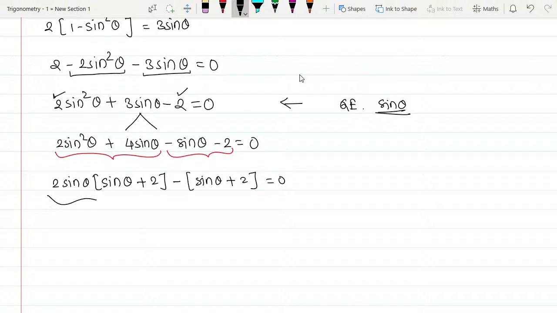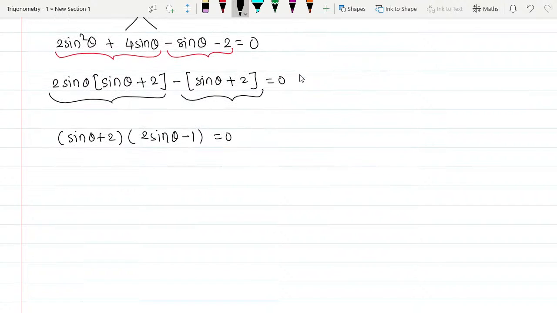Now again you see the two terms: in both terms we have sin theta plus 2 common. So let's take sin theta plus 2 outside. In the first term I have 2 sin theta, and in the second I have minus 1, which equals 0.